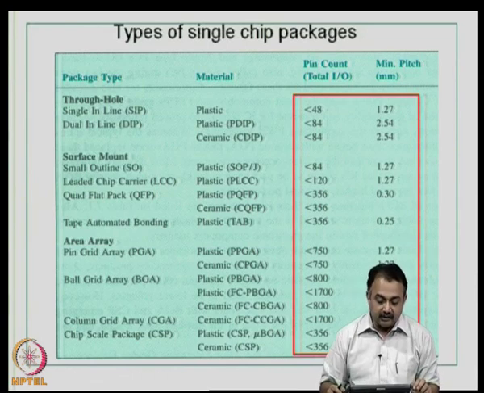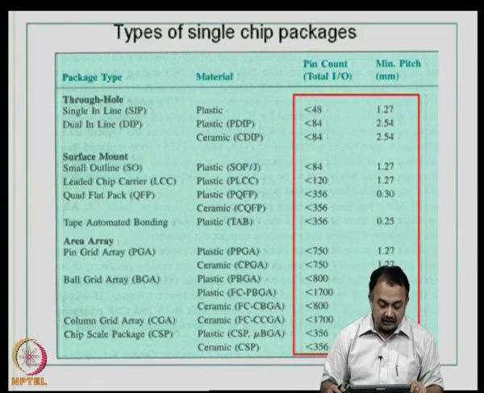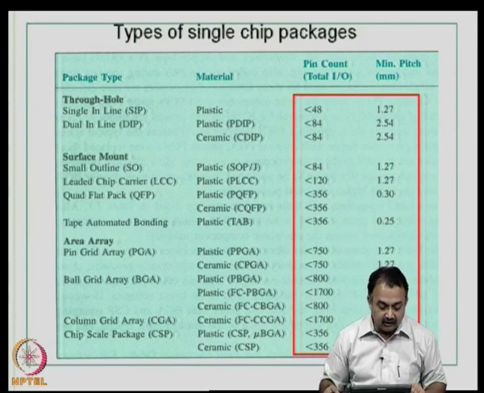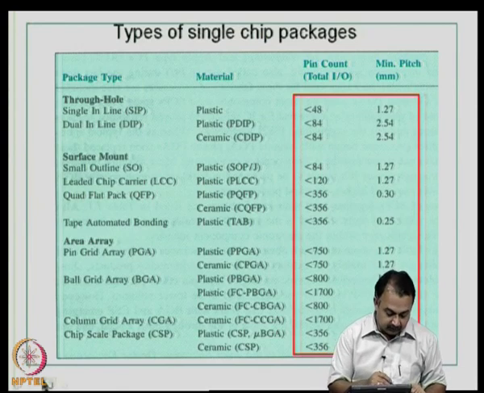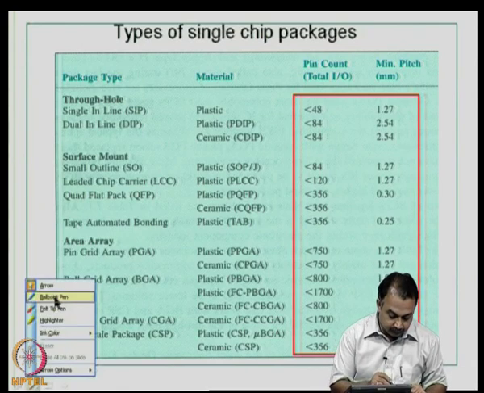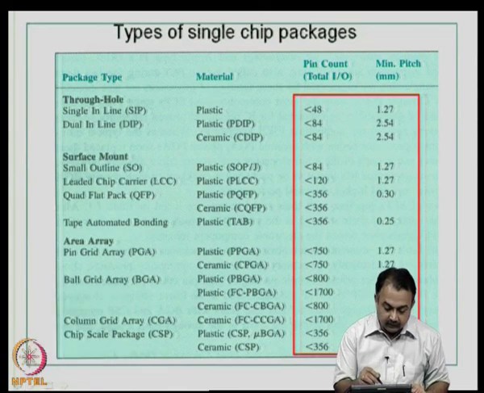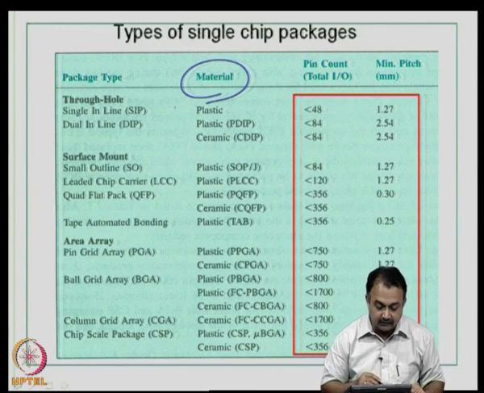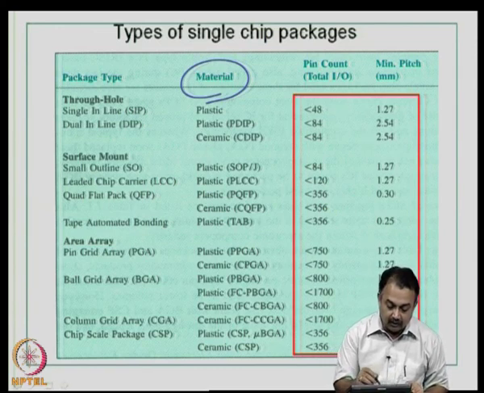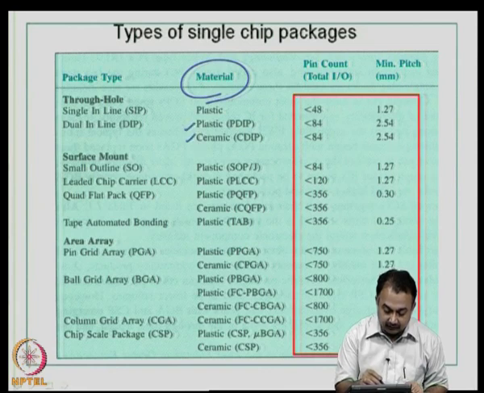So, the types of single chip packages can now be classified as through hole packages, which is single inline package, dual inline package. They can be plastic. So, these are the materials that you can think about for these package types. So, through hole, it can be a plastic package or it can be a ceramic package.